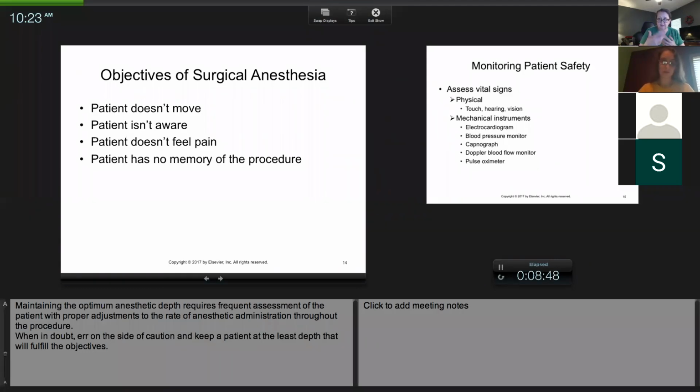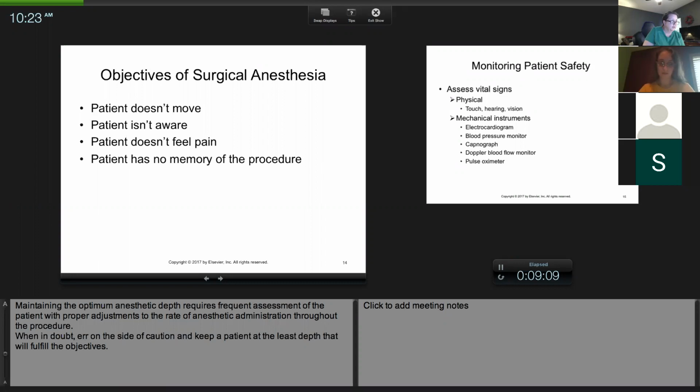I can't say to a dog, did that hurt? Was that an awful dental? But in people, we use drugs that induce amnesia, and that is very important. We don't want them to have memory.